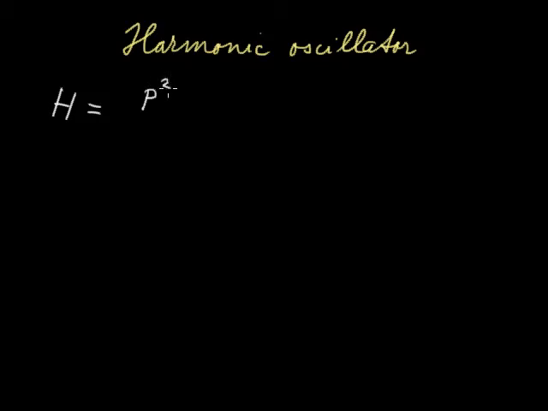So it has the kinetic energy, which is given by the momentum squared divided by twice the mass of the particle which is oscillating. And then there is m omega squared, where omega is the frequency of the oscillator, divided by 2, and here we have the coordinate q to the second power.